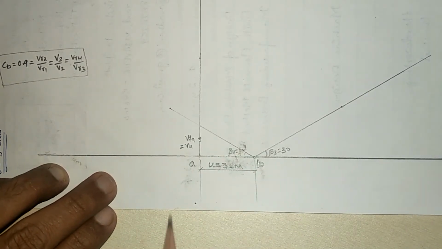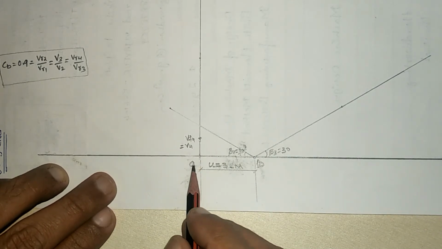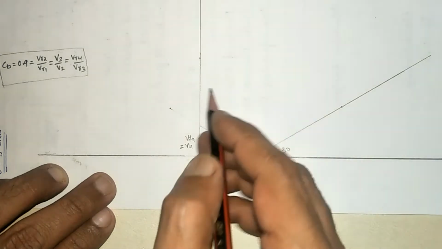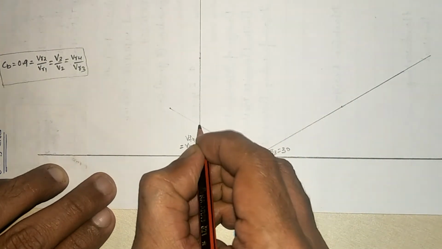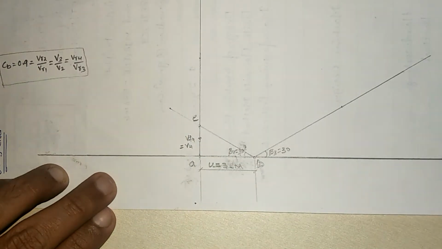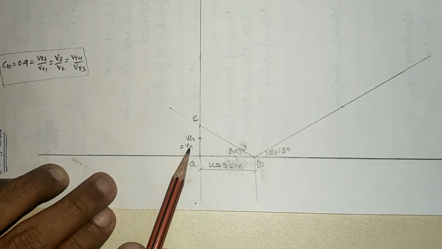I am going to represent it as A, B, C, D. I will name this point as point E here. So line EA is nothing but V4.